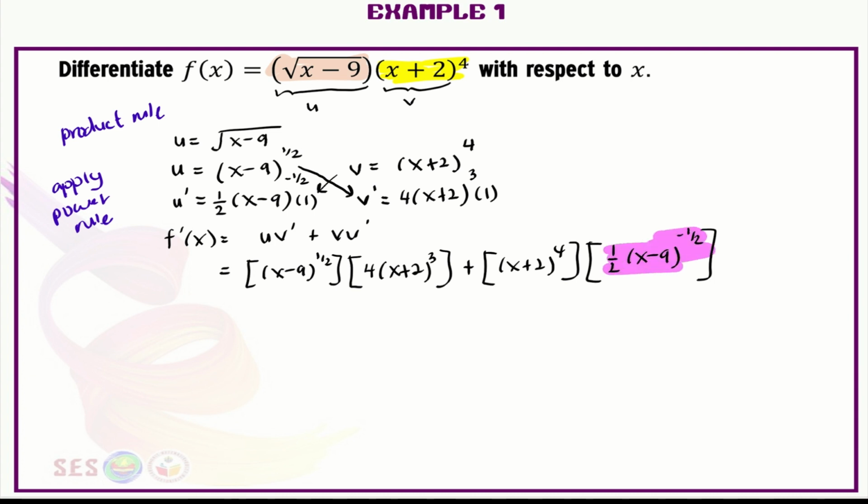I would like to change this bit to 1 over 2, (x minus 9) to the power of positive 1 over 2. That means we bring down the (x minus 9) to the denominator. So we have (x plus 2) to the power of 4 remaining as it is, divided by 2 times (x minus 9) to the power of positive 1 over 2 now.